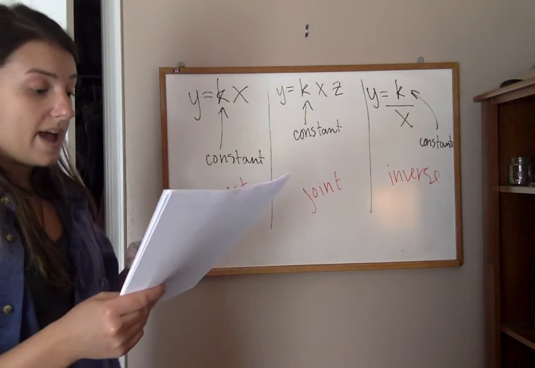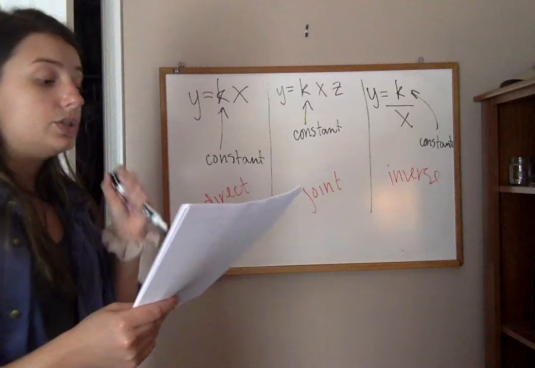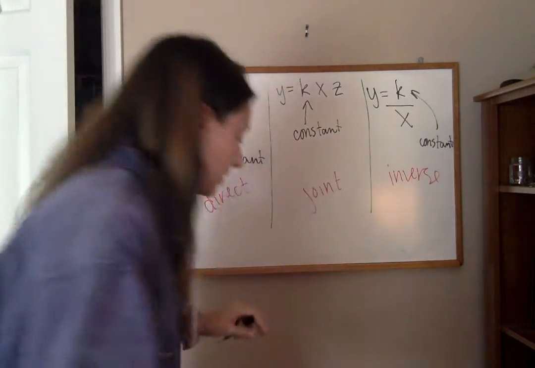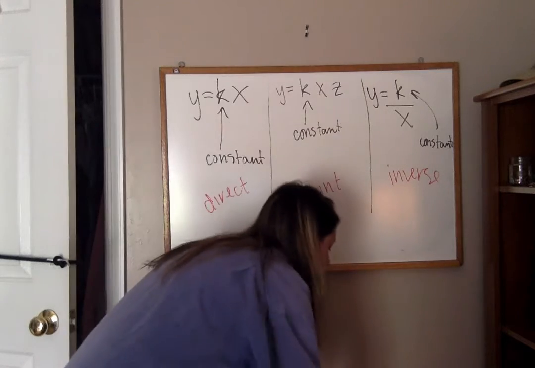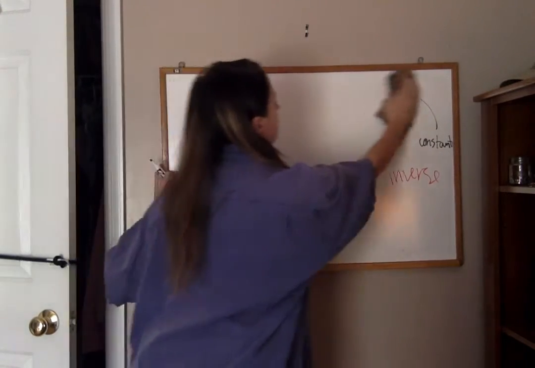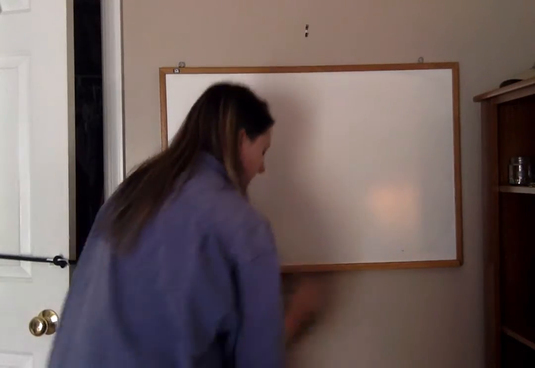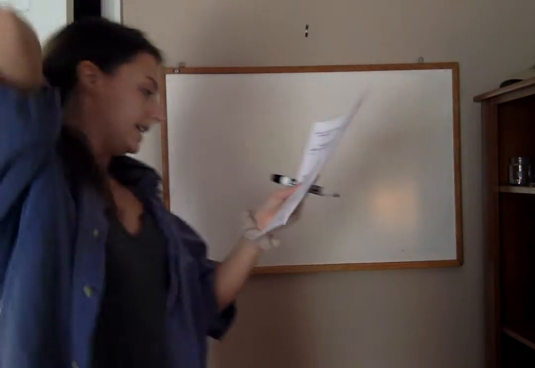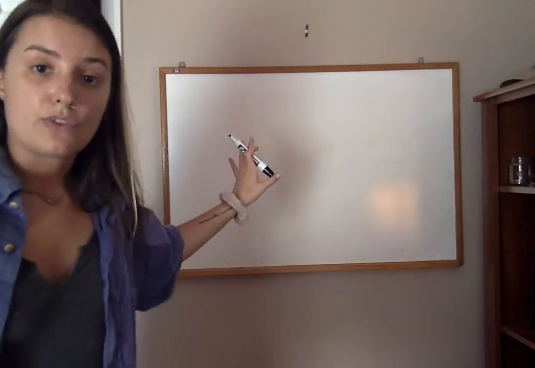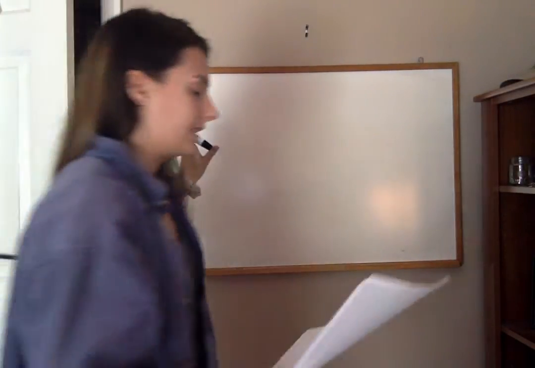For the bottom half here, it says to use the variation type to find the missing value. I'm going to work out number 25. Okay, so it says M varies jointly with N and P. I'm going to go ahead and write up exactly what that looks like based on what it's telling me.